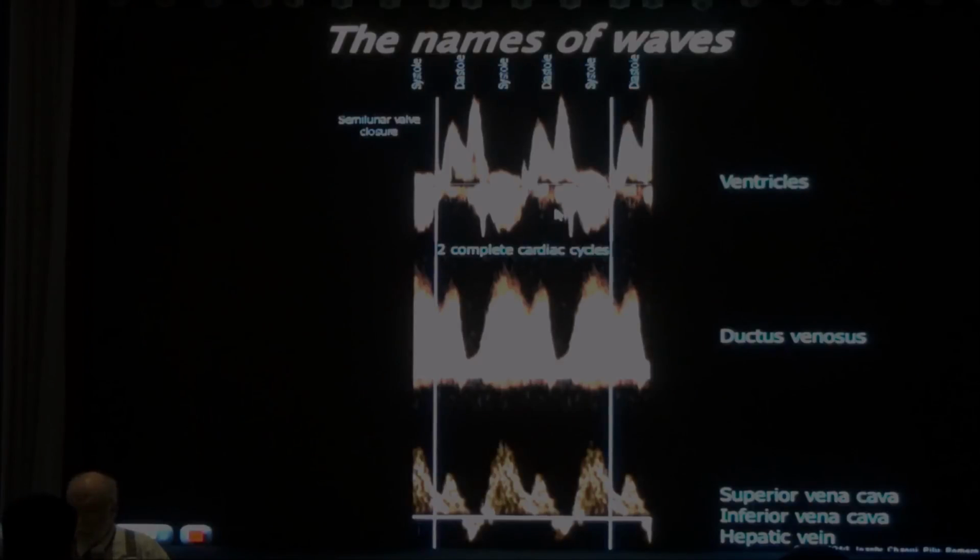So here we have two complete cardiac cycles, and actually there's more detail you can see. Here I told you is the semilunar valve closure. Between the semilunar valve closure and the E wave, you have a little gap here. That little gap in between is the isovolumic ventricular relaxation.